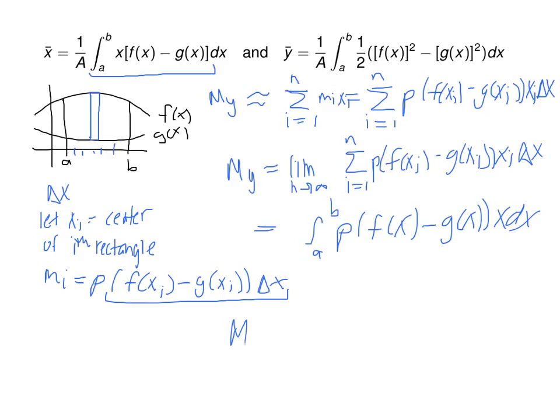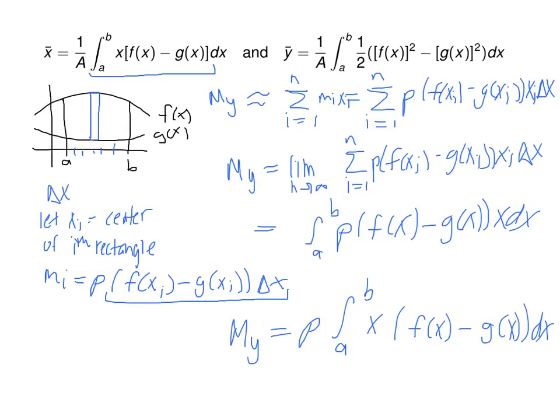So we have that m y, the moment about the y-axis, is equal to, factor out that rho, it's a constant, the integral from a to b, x times f of x minus g of x dx. And that was given to you in the last slide.